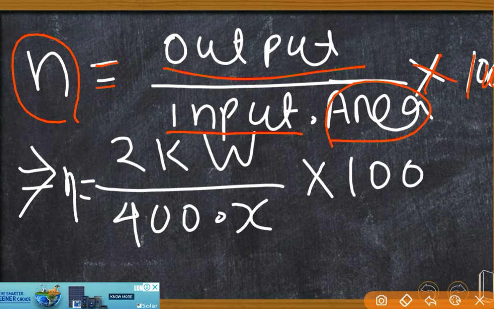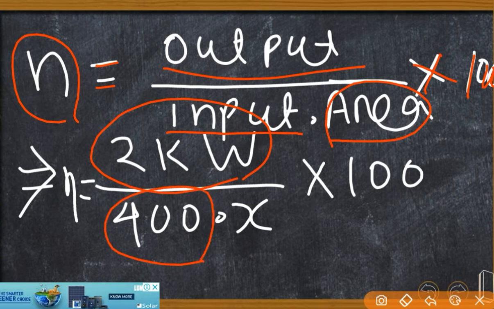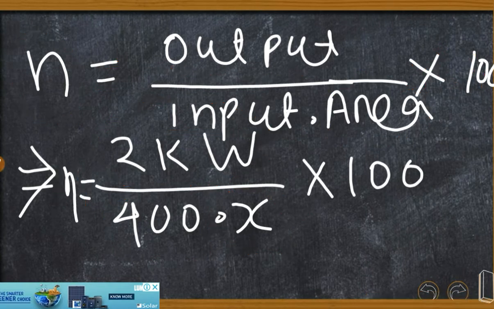Here the output is 2 kilowatt and the input is 400 watt per meter square. Area we don't know, that is x. Here n is efficiency. We can change the kilowatt into watt, so it will become 2000 watt.